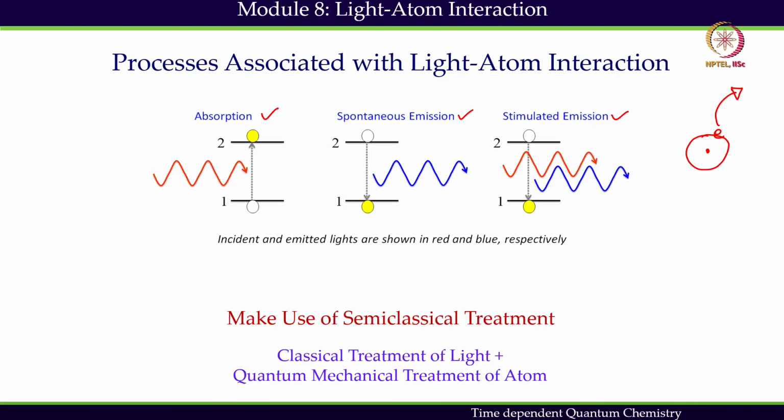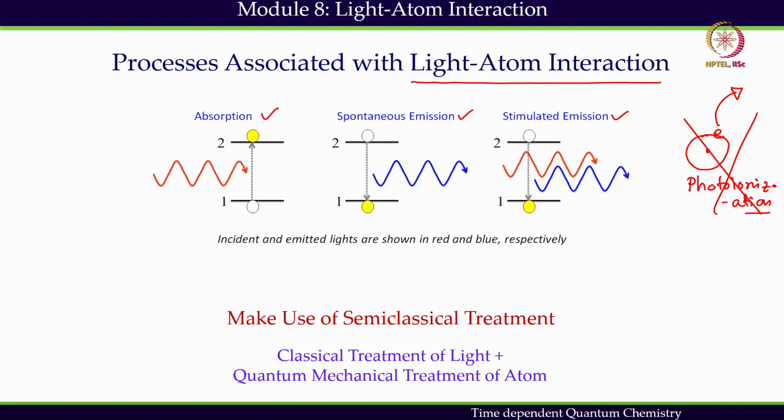That is called photoionization. Photoionization will be skipped here. So, these are the 3 fundamental processes that light atom interactions can render.